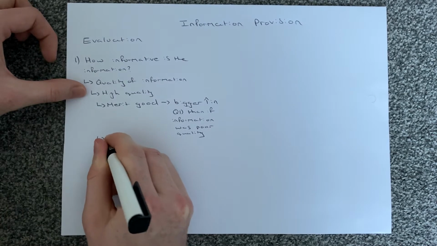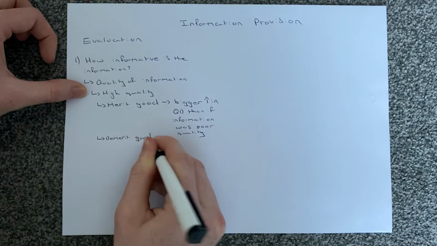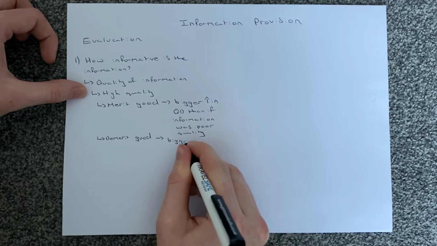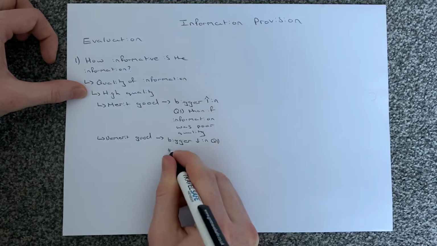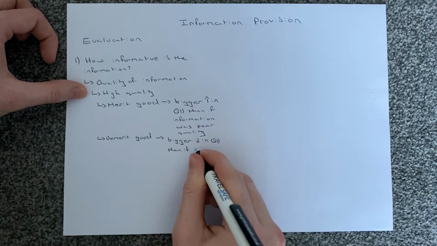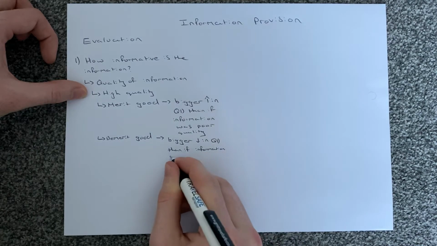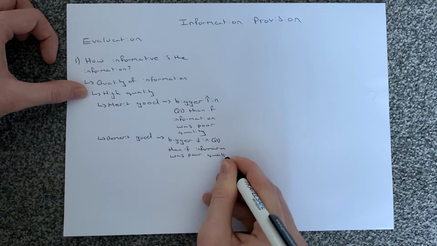Now let's consider a demerit good. And obviously we would expect a bigger decrease in QD than if information was poor quality.